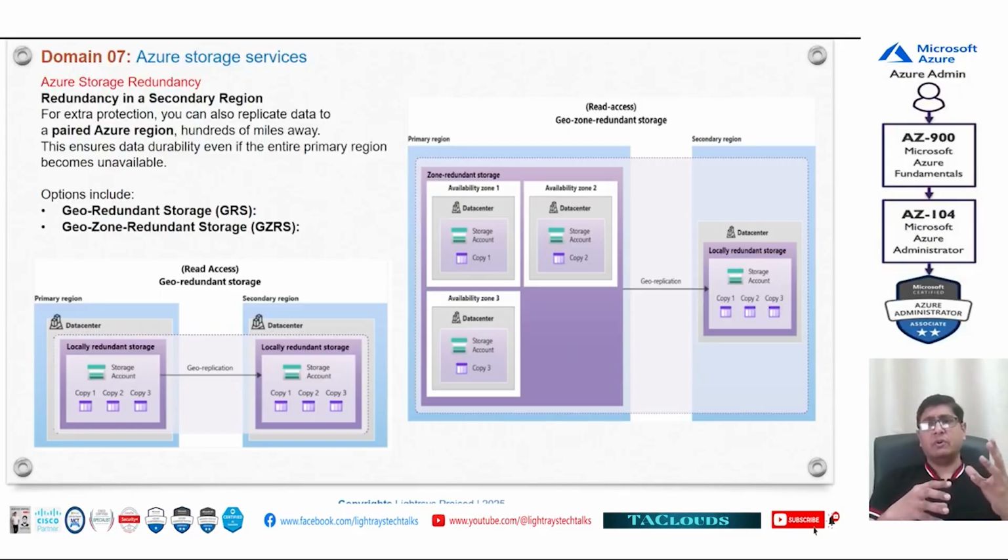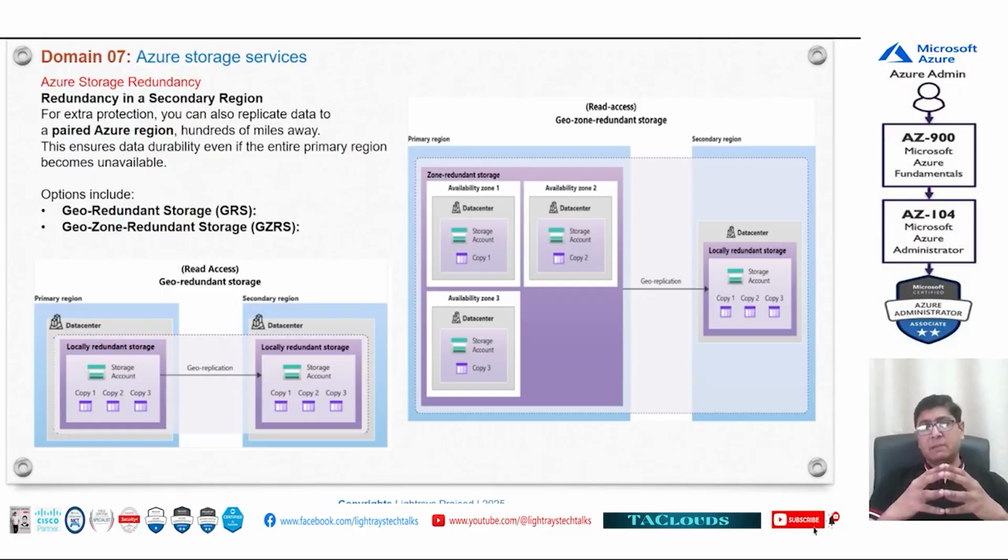Before, they were putting three copies in three different availability zones, but all three availability zones in one region. If the whole region goes down, then what will we do? We need to put another copy in a separate region. Like we understood yesterday, what is meant by region? One region is Dubai, one region is Abu Dhabi. In Abu Dhabi they have three availability zones, and in Dubai they have three availability zones.